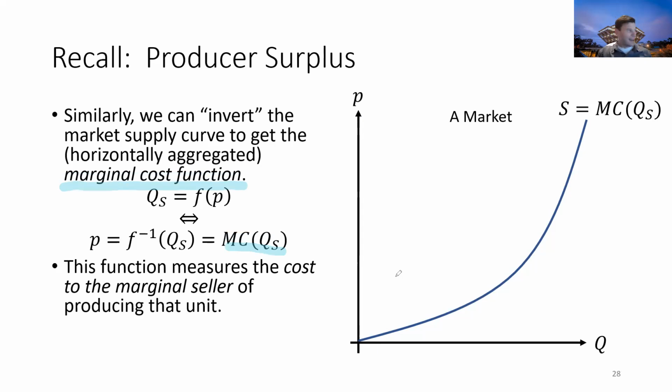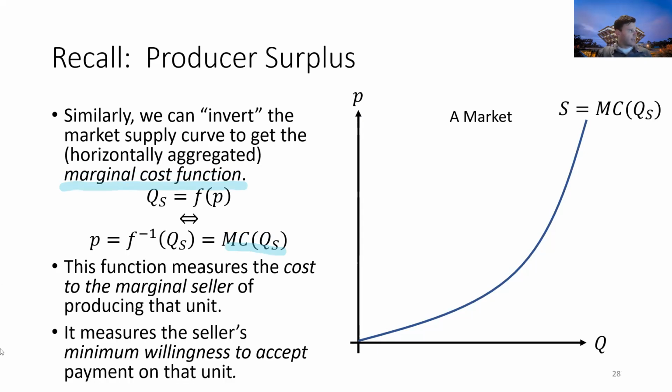We can think of that as a reflection of the seller's minimum willingness to accept payment. The demand curve measured the buyer's maximum willingness to pay, their value. The supply curve, though, measures the cost of that unit, which is the least amount a seller should ever accept if they're rational, if they don't want to sell something at a loss.